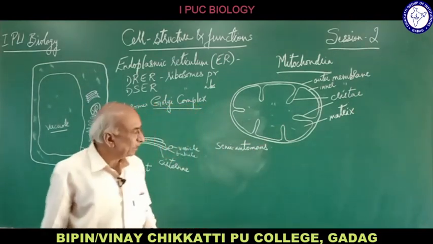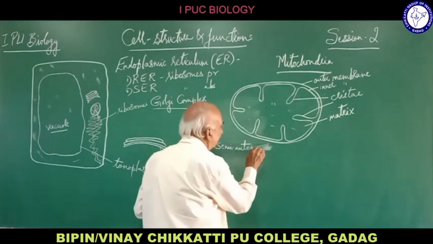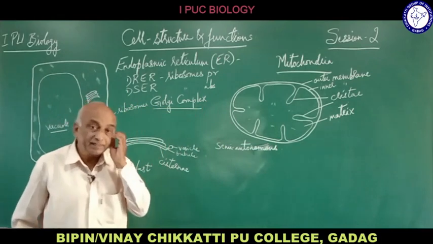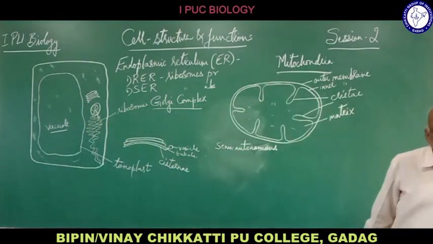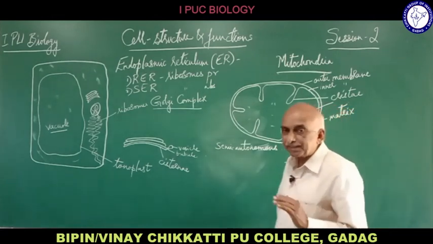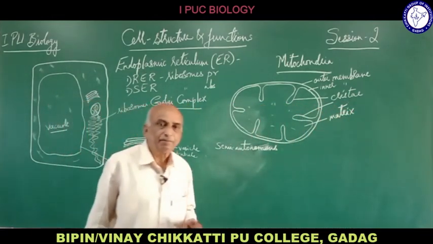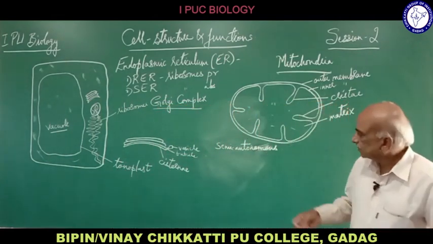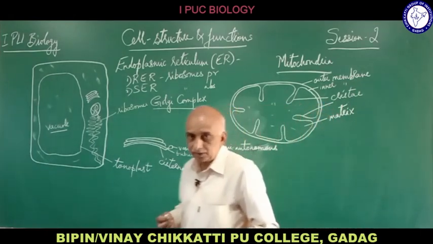That is why they are referred to as semi-autonomous organelles. Semi-autonomous organelles means they are partially dependent on the other parts of the cell. To some extent, partially, they are self-dependent, meaning they do not depend on others. That is why they are referred to as the semi-autonomous organelles of the cell.